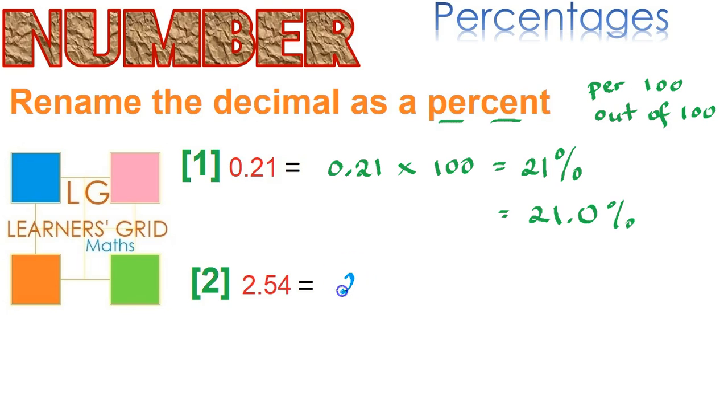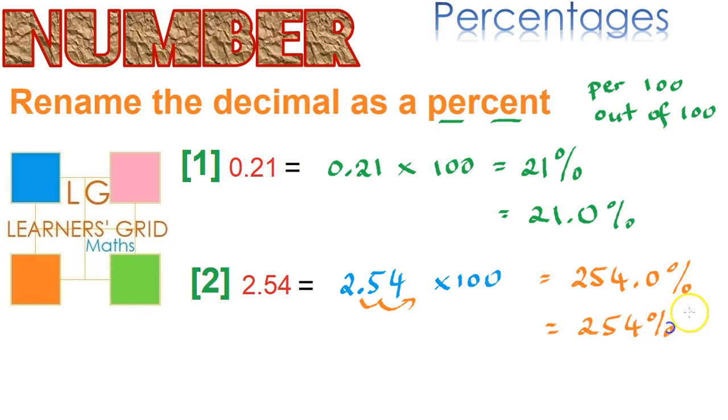So let's go with that, 2.54. Now we're going to multiply by 100, but we know that the shortcut of that is just to take that decimal point and move it 2 places to the right. So that's going to be 254.0%, right? I can make it even tidier by just saying 254%.